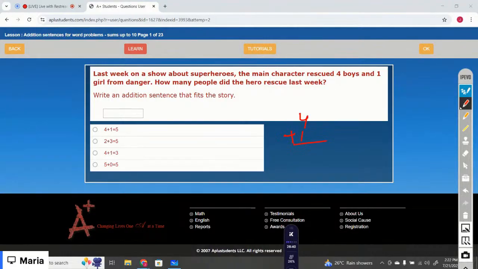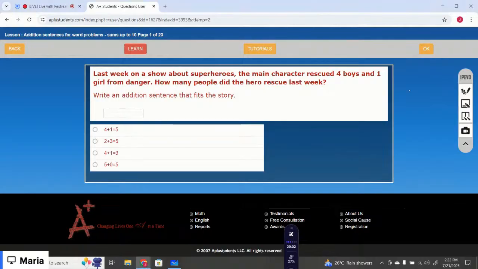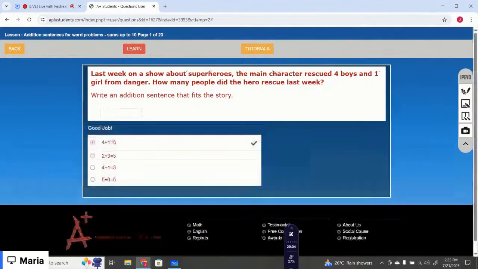So which is the correct option? That is 4 plus 1 equals 5. Yeah, you're right. You said it before me. Option number 1 is the correct option. Very good.